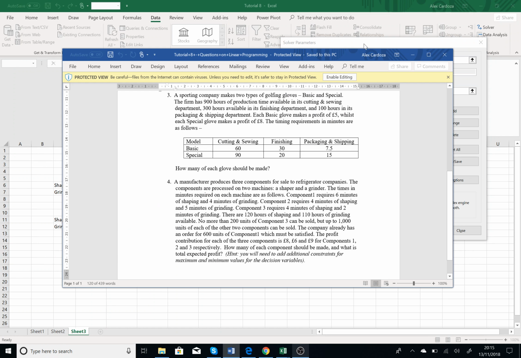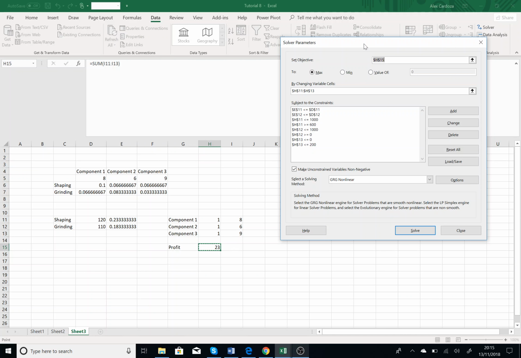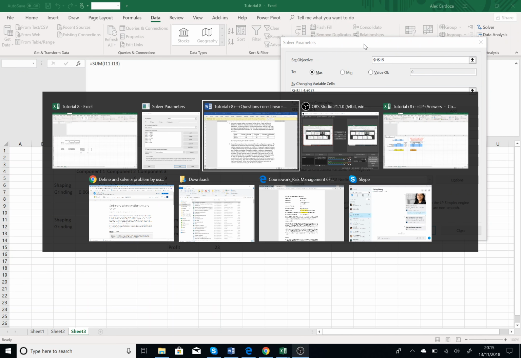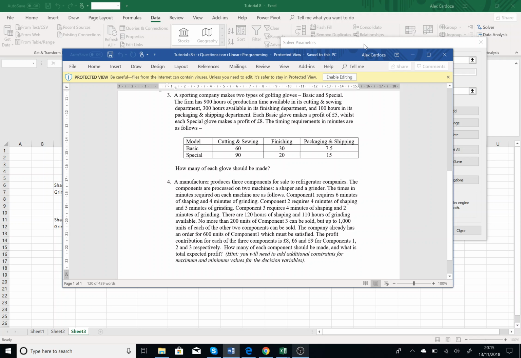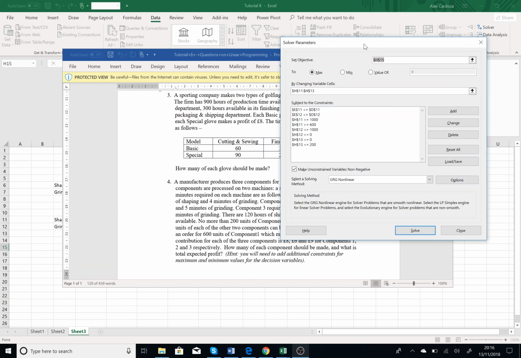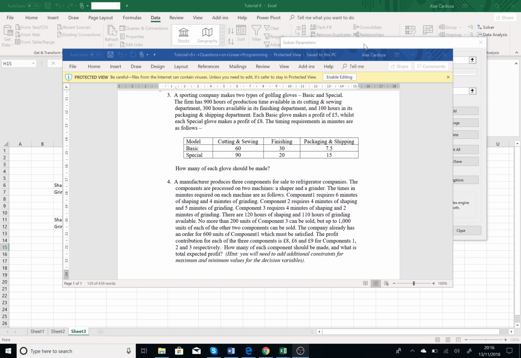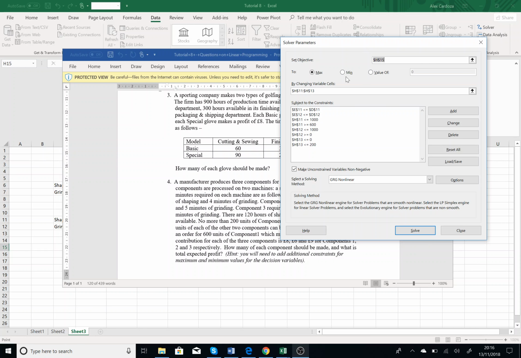6, 2, 9. No more than 200 units of component 3 can be sold. So we've got that. We're going to change that to simplex and we should be ready to solve that now.